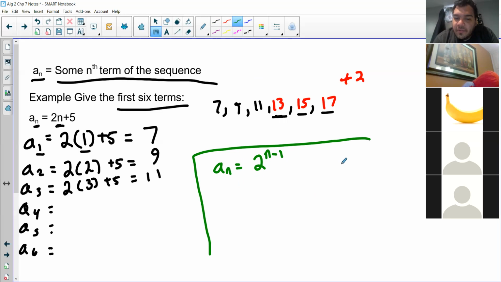Now this is an exponent. So 2 to the n minus 1 power. And again, I want the first 6 terms. So we're going to find A of 1, A of 2, A of 3, A of 4, A of 5, A of 6.